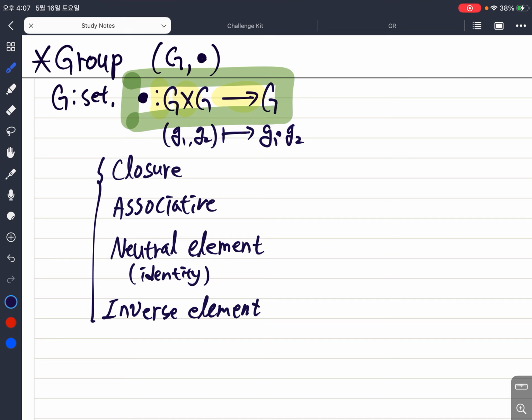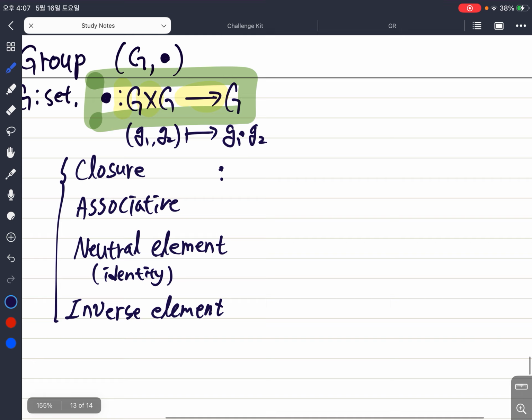So of these 4, some people do not include closure. Closure is just in the definition. So if for all elements, this means for every element G1 and G2 being an element of G, then we assume this.